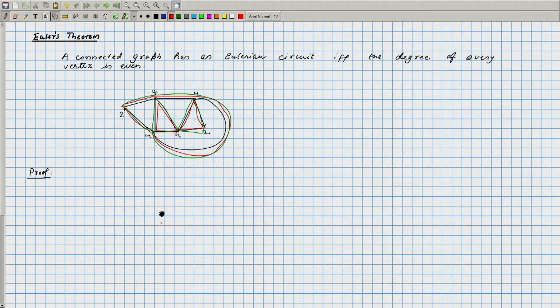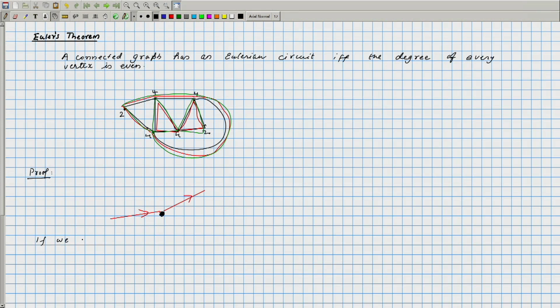For example, if we come to this particular vertex, one of the edges has been used, but the fact that the vertex has an even degree means that there is at least one leaving edge. So, if we start at any arbitrary vertex and keep on moving, that is tracing edges, the only restriction that we impose on our walk is that we won't take the same edge twice.